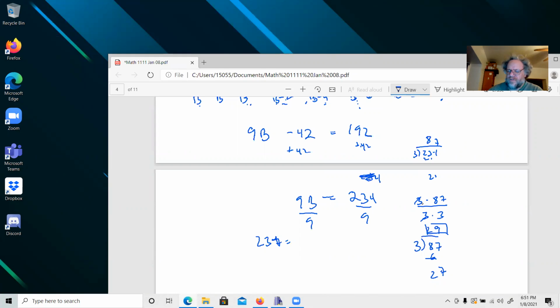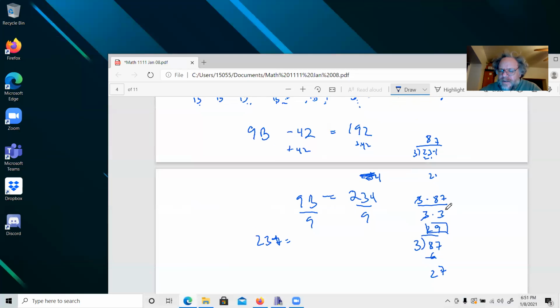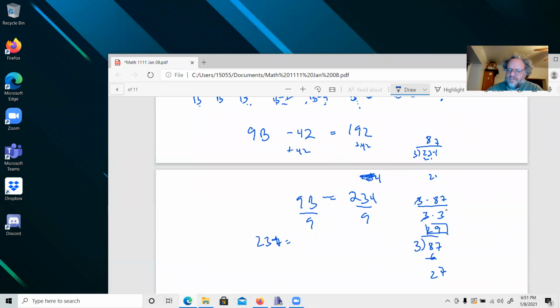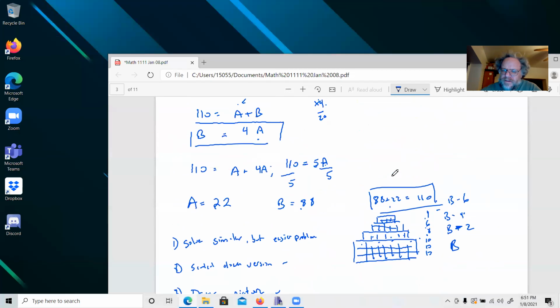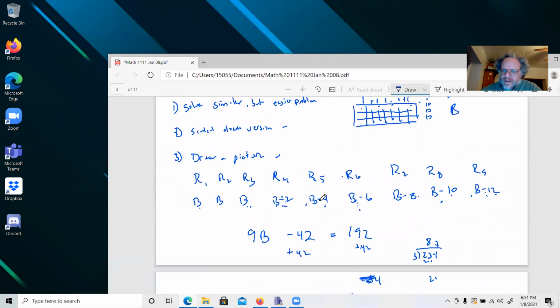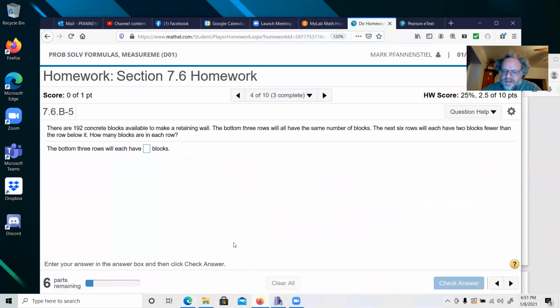And that is equal to, what do we have? 87 bricks times, and how many bricks were there in total? We have to go to our problem. And we have another 192 bricks.